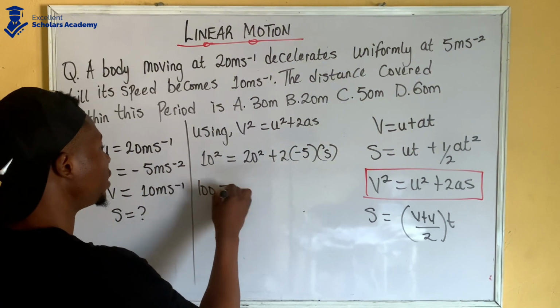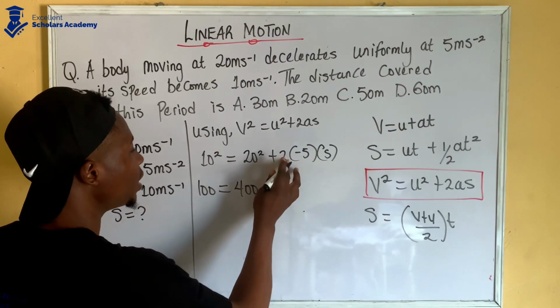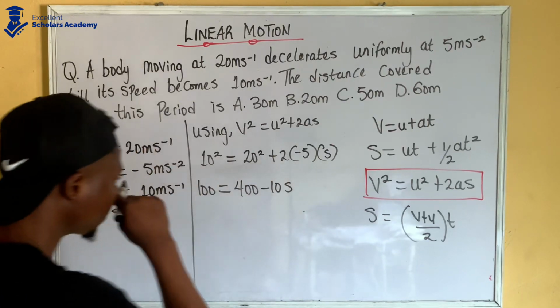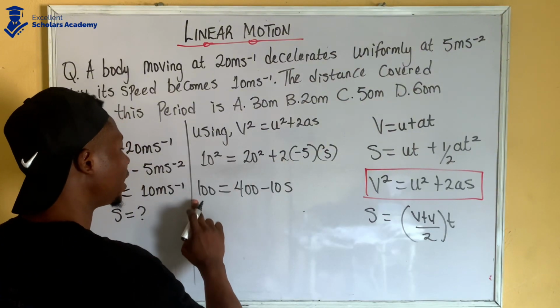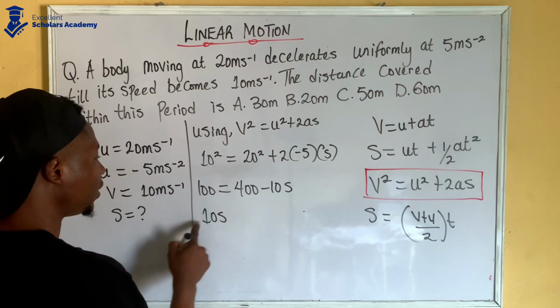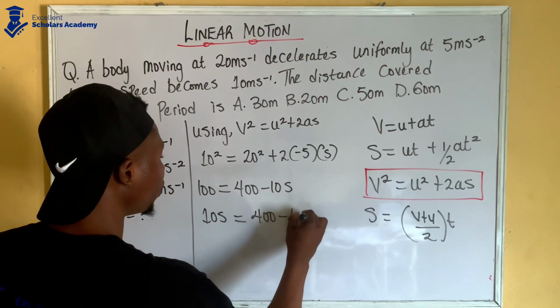That gives us 100 is equal to 20 squared is 20 times 20. That gives us 400. Now 2 times minus 5 times s gives us minus 10s. All right, so let this minus 10s come here and let this 100 go there. 10s becomes positive here, is equal to 400 that was already here. Take this 100 here, becomes minus 100.